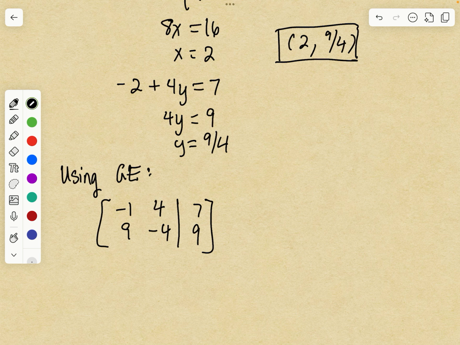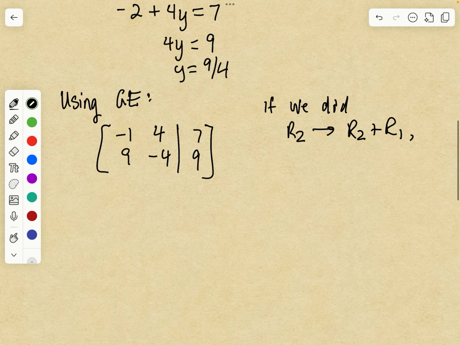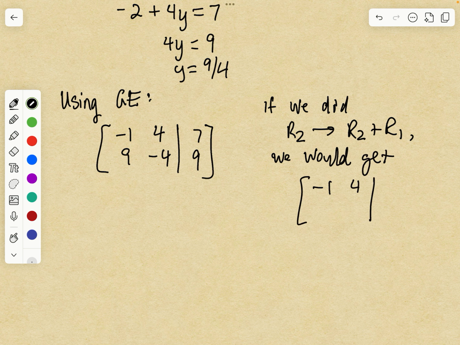If we did the row operation, row 2 goes to row 2 plus row 1, then we would get this, right? But is this matrix in echelon form?